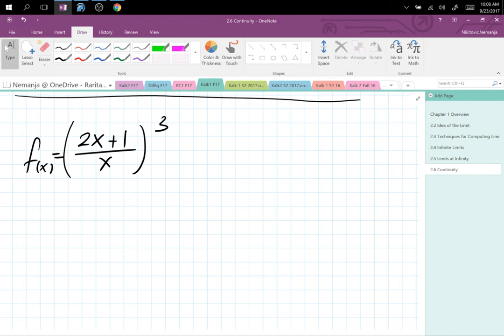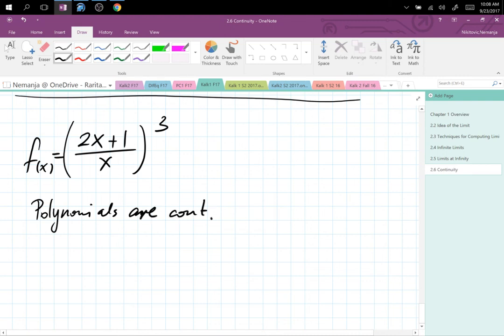So just write it out. Polynomials are continuous. And again, we have two of those. Oh no, that's not an exponential function. That's also a polynomial. It's like x. This is like x cubed. That's also a polynomial.